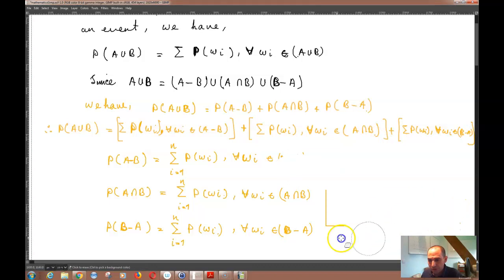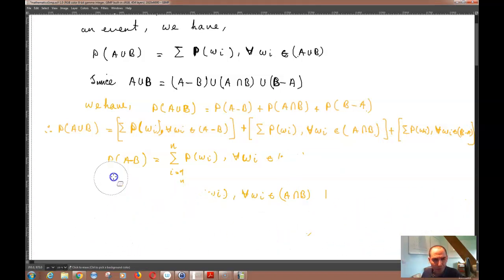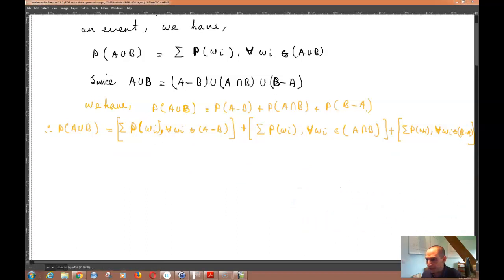And so what that means is that I can call this, for example, equation number 1.